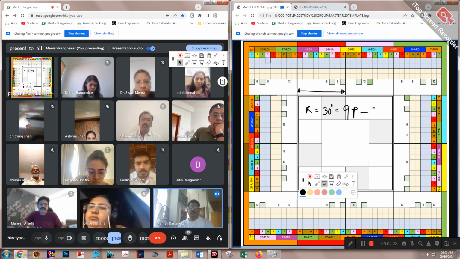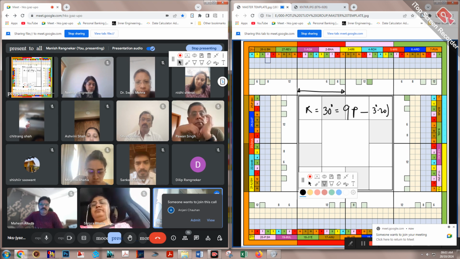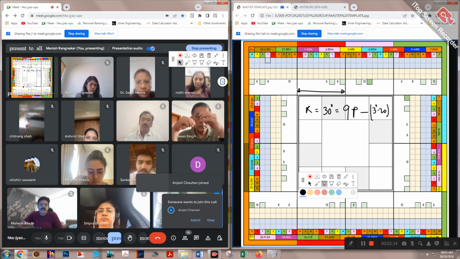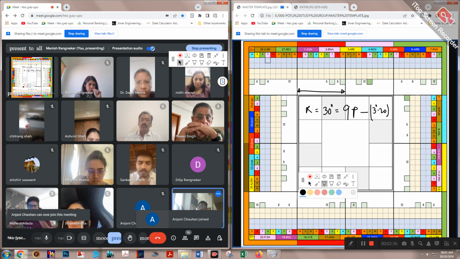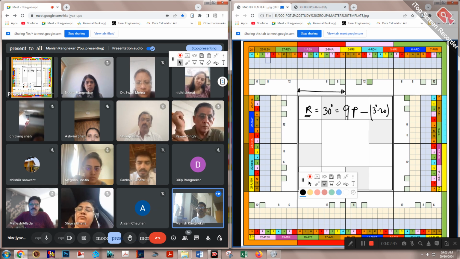Each pada is 3 degree 20 minutes. What I am putting in brackets is additional information. So one Rashi, 30 degrees, 9 padas. As of now we are okay.